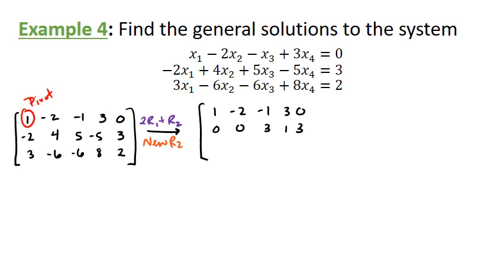Now I know that I want this to become a 0 also, so I'm just going to take another step here. I'm going to take -3 times row 1, add that to row 3, and this will become my new row 3. So when I do that, I get 0, 0, -3, -1, 2.